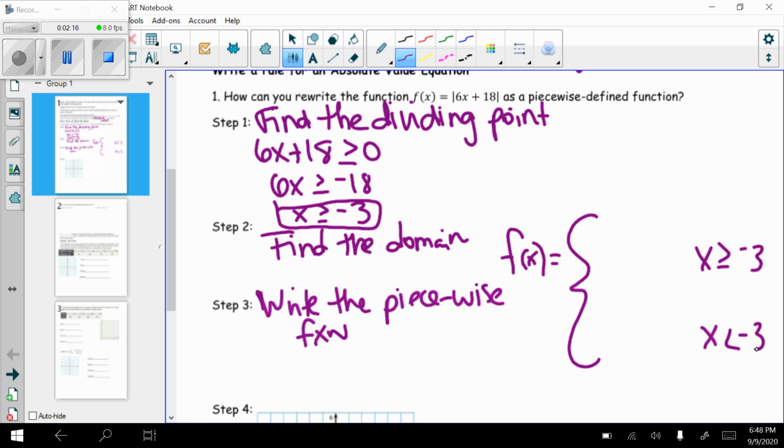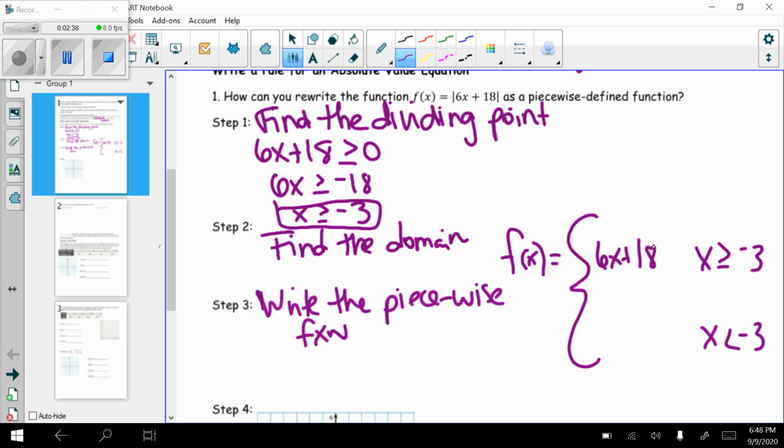Now to get the actual function pieces, for the first one, where x is greater than or equal to negative 3, that's always going to be exactly what was inside my absolute value. So 6x plus 18. But remember that on the other side, I'm looking at all the negative values.